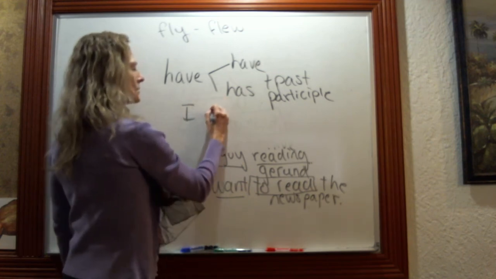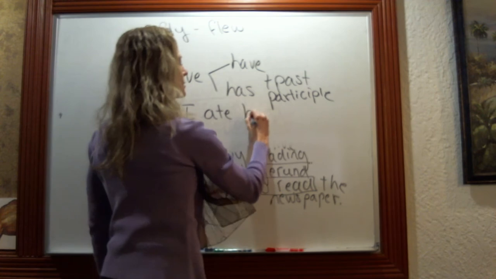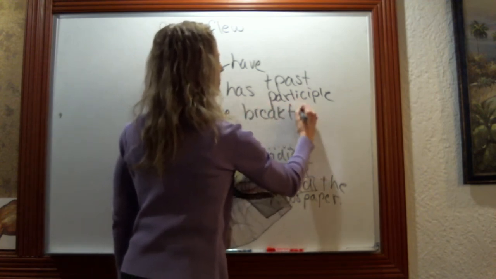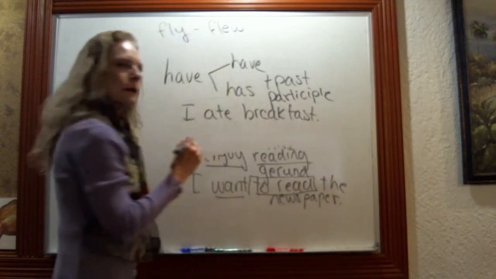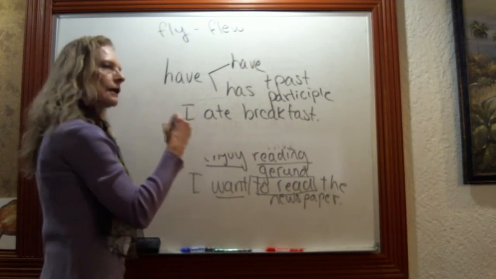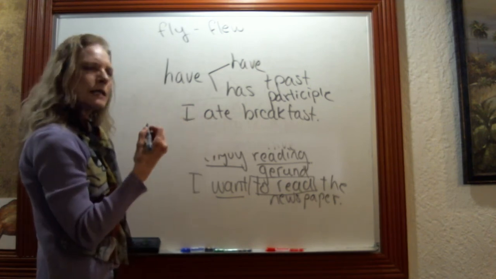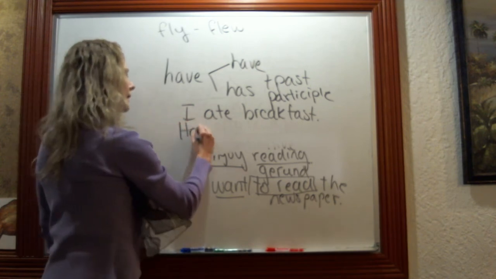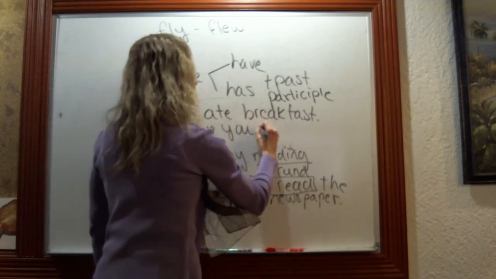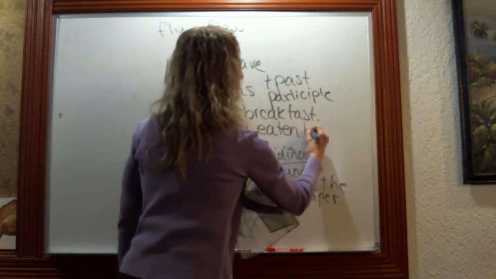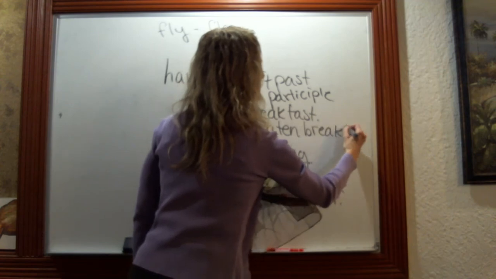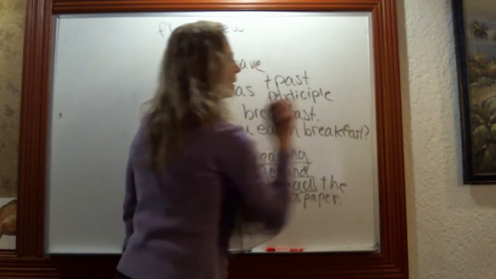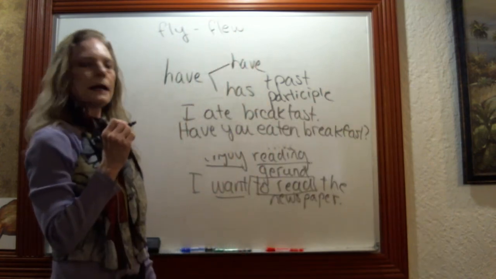But if you talk about something like, I ate breakfast, hey, you can ask something about today. So you could say, have you eaten breakfast today? And the person may say, yes, I have.